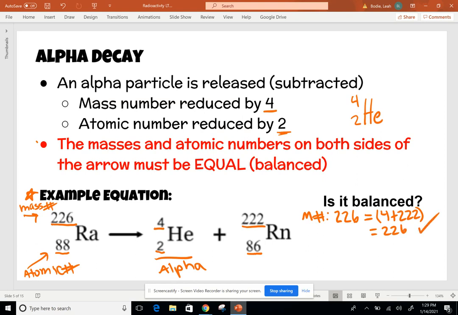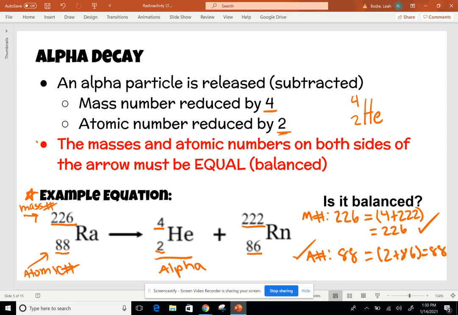So perfect. That is balanced. Now let's look at our atomic number. So we started with an atomic number of 88. So let's see here. Does 2 plus 86 equal 88? Well, yes, it sure does. So everything is balanced there.